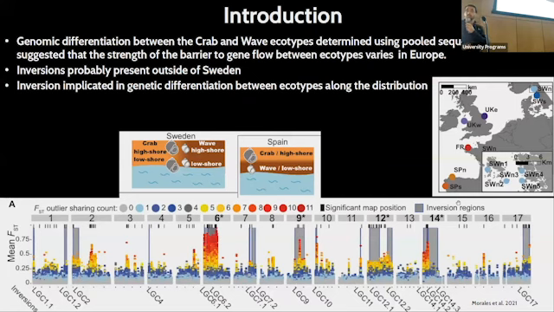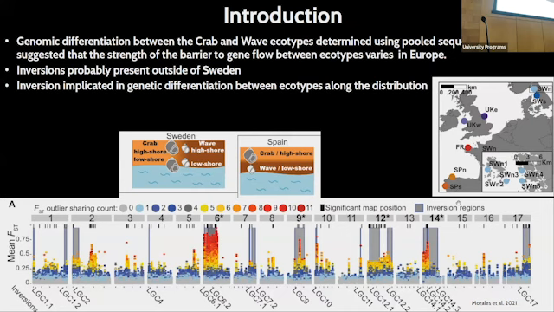What came out of that study is that the inversions found in Sweden are most likely present in the other locations, and also that there is quite some parallelism in the system, in the sense that the same regions of the genome that showed high differentiation in Sweden also showed high differentiation in the other countries. And again, another important thing, because we're going to talk about Spain and Sweden later.